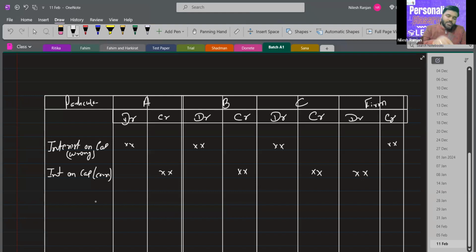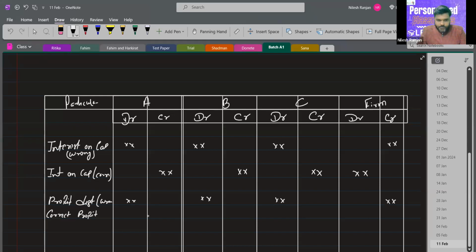After this, in some cases profit will be given, and in some it will not. If profit is given and interest on capital wrongly charged, then we will take that profit distribution back because it is incorrect, and then we will write the correct profit distribution.